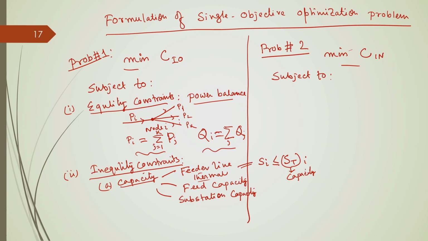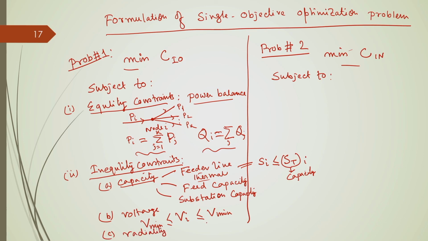Okay. Now, apart from that we have another constraint, that is called the voltage constraint, that at any of these nodes the voltage V I should lie in between some given maximum and minimum limits. Okay. And apart from that we also incorporate a radiality constraint.